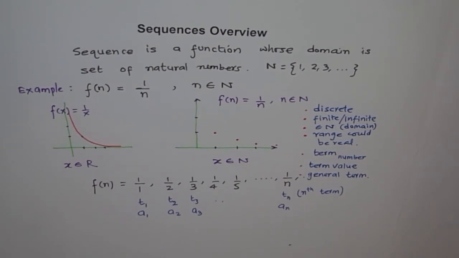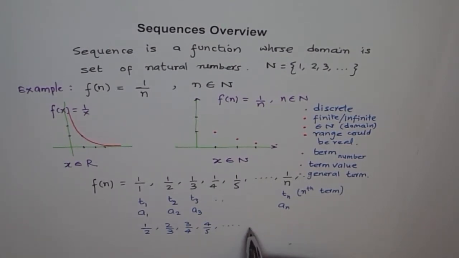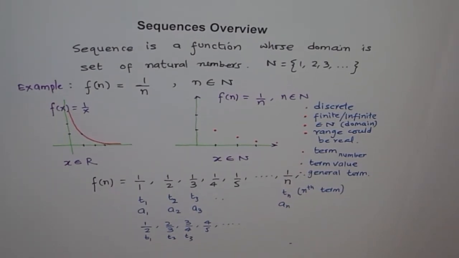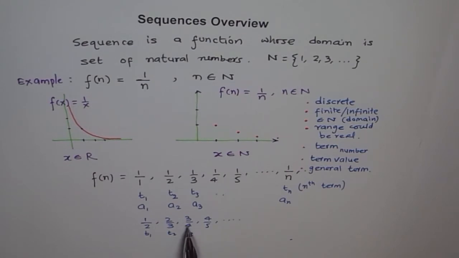Now here is a small question for you. Can you write the general term for this sequence? 1 over 2, 2 over 3, 3 over 4, 4 over 5 and so on. Can you write a general term Tn? As you see, term number 1, term number 2, term number 3, these are the term numbers. Let us see how these term numbers are related to the value of the term. The numerator is the same as the term number. If it is 3, it is 3; if it is 2, it is 2.